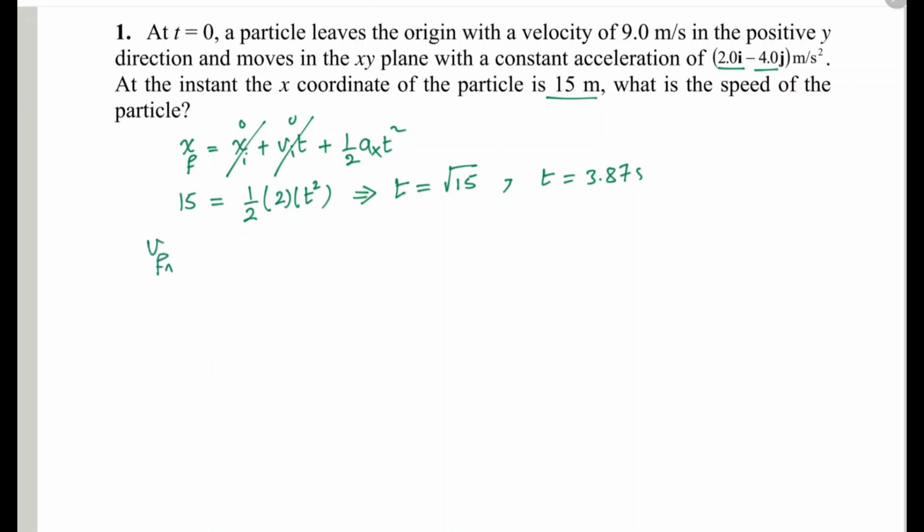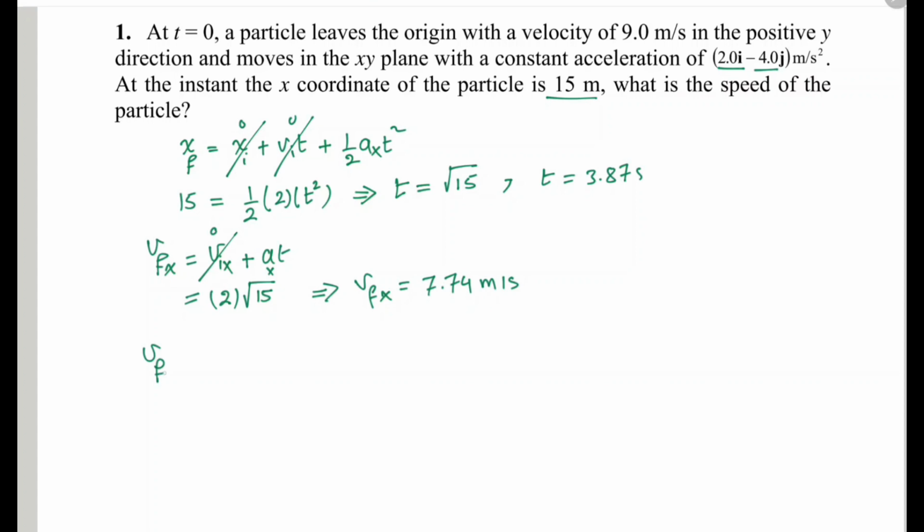The final v_x equals the initial v_x plus a t, again the initial is 0. Now a_x here is 2 times the square root of 15, in other words the final v_x equals 7.74 meters per second.